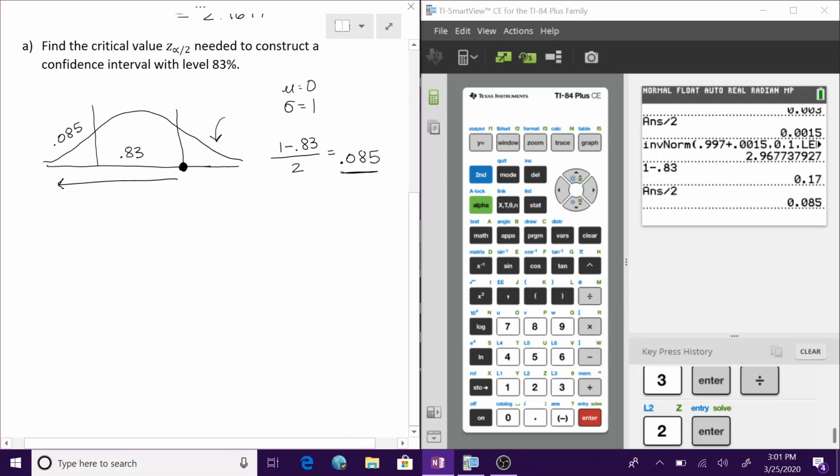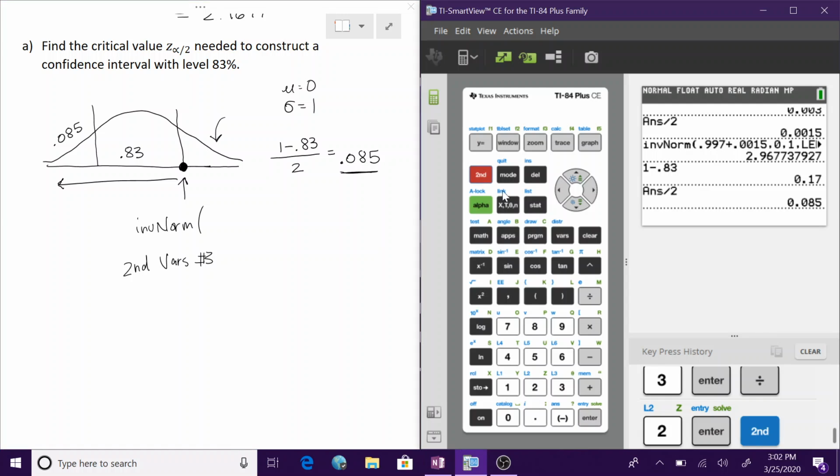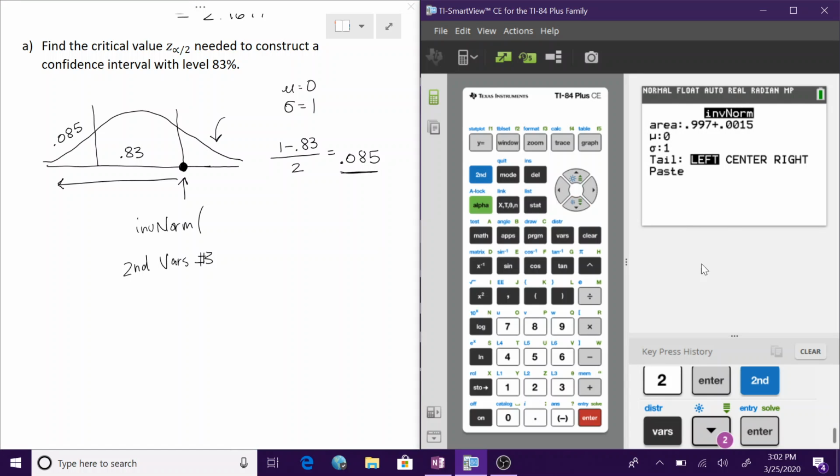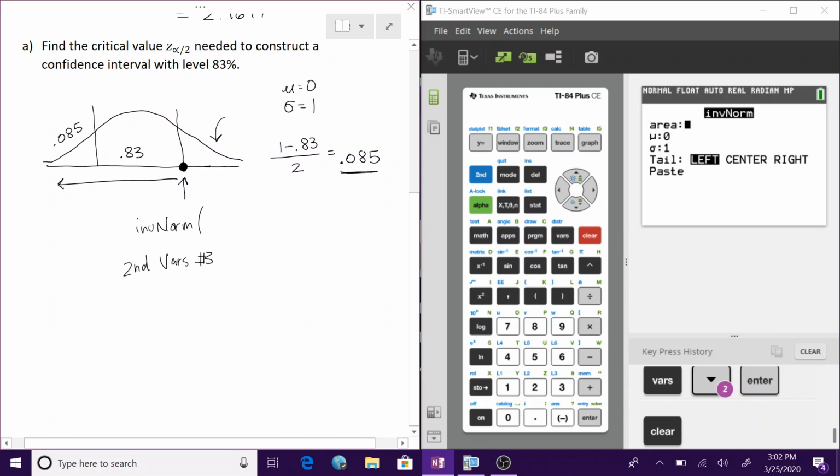So again, to find this critical value, we're going to use our inverse norm command in our calculator. Again, you're going to go second vars, and it's going to be number 3. So second vars, toggle down to number 3 and press enter. So we're going to clear that out, and now the area that we're going to be doing is 0.83 plus 0.085.